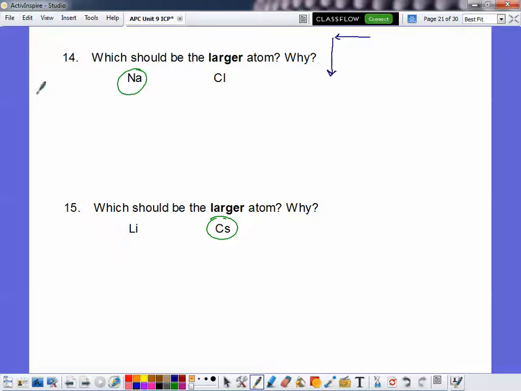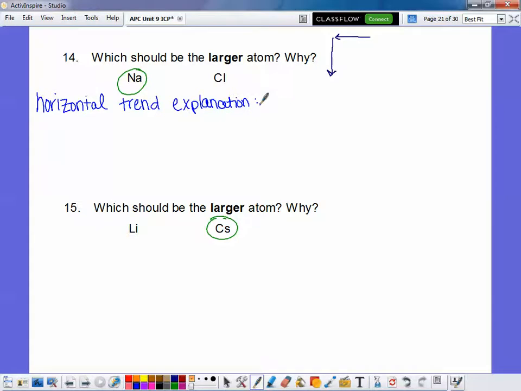So I'll explain what this means in just a moment, but anytime you're comparing two atoms that are in the same period, the explanation for the trend, whatever the trend is, will be something called Zeff. And I'll explain what that means.